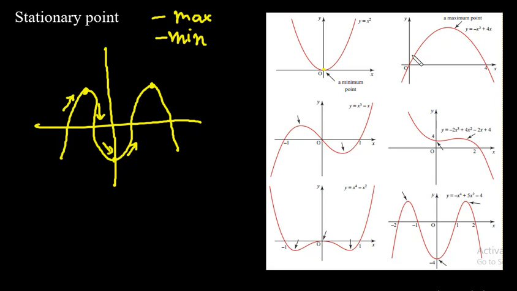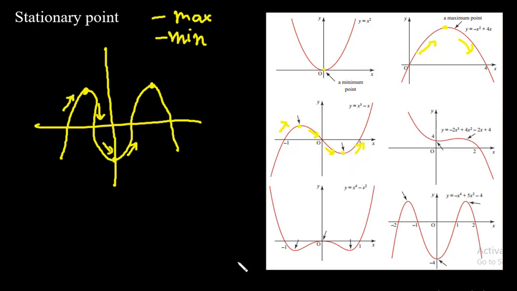But for this one, the point indicates the change from increasing to decreasing, so this one is a maximum point. And for this graph, increase to decrease, so it will be a maximum point. Now decrease to increase, so it will be a minimum point.